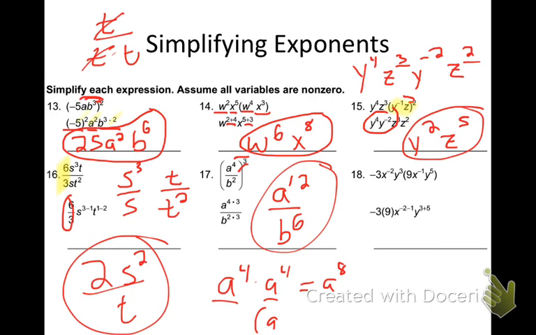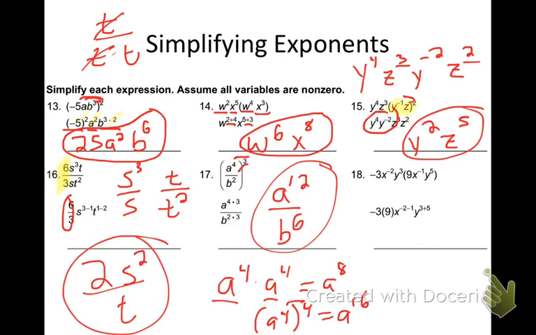If I have a to the 4th raised to the 4th power, so notice I have a power raised to a power, that's when I'm going to multiply those and I get a to the 16th. Anytime you have an exponent on the outside of your parentheses with exponents on the inside, you're going to multiply them. Good question. All right, 18.